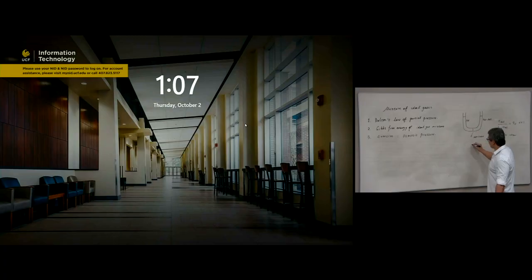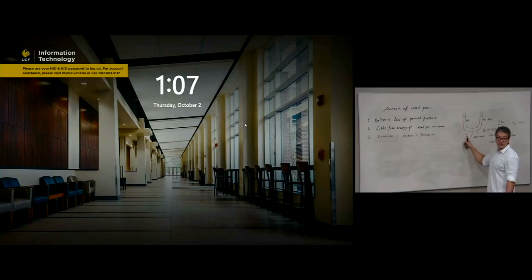But if the total pressure here is the same, then the partial pressure of the water here should equal (1 - X_s) times P, correct? The partial pressure of water on this end is lower than the partial pressure of water on the other end.